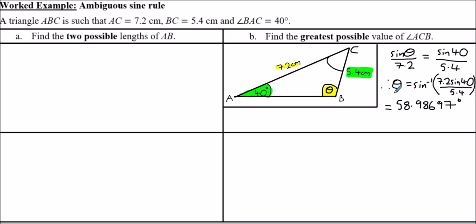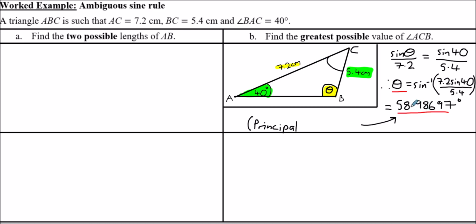So theta might be 58.98697, and that here, just to remind you, that's called the principal value. So that's one option where theta is acute. Based on my sketch, theta looks obtuse, which is linking back to this case being ambiguous. And remember, what we know is angle, then side, ASS, alarm bells should ring. This is why we have the ambiguous case.